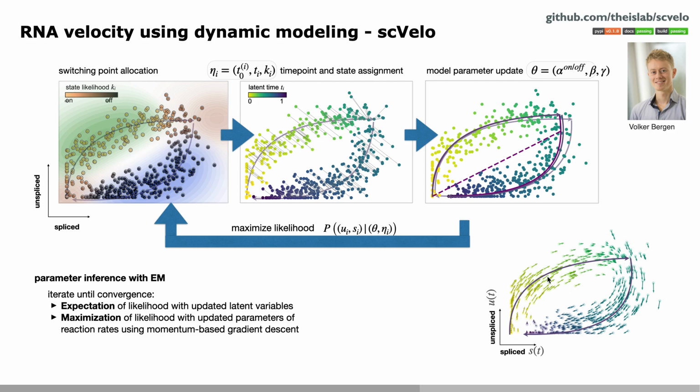And with this dynamical model, we can get a more accurate description of the gene dynamics. What you see here is some kind of a vector field, where the cells are aligned along this dynamics and not just assigned to the slope that you would have had with the steady-state model.